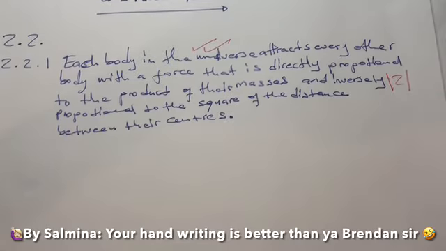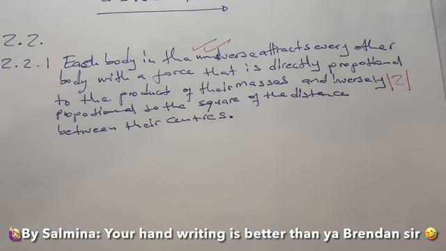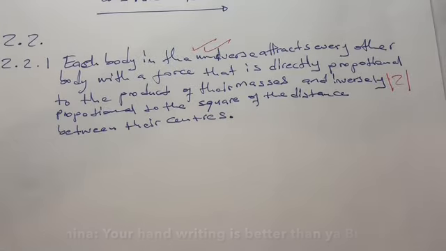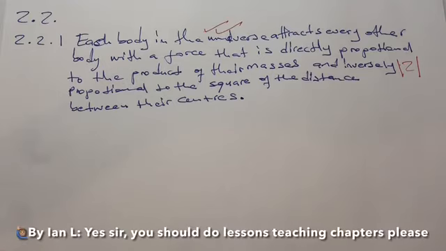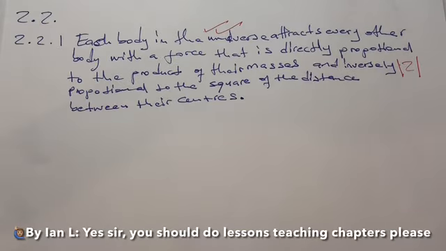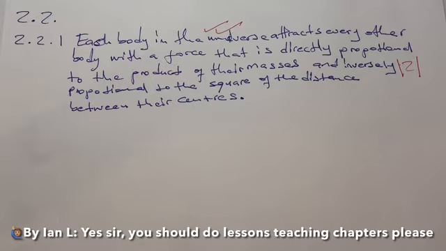If I were to go deep into explaining exactly what's going on there, I might as well just do a special lesson. So guys, that was it with 2.2.1. I hope you got the definition and you're able to write it down.